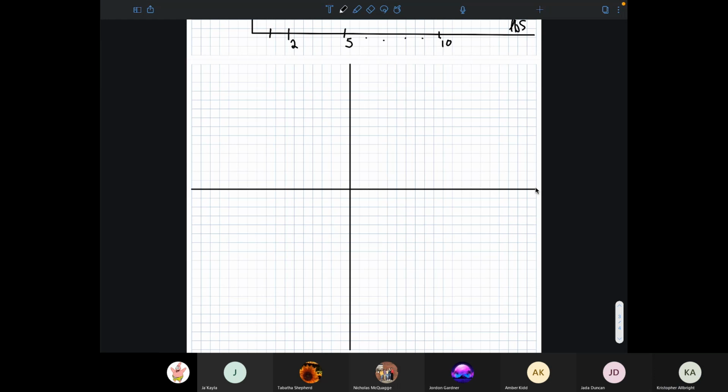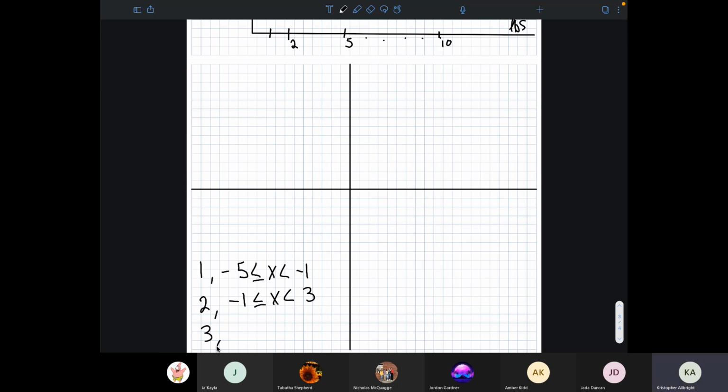Okay. So the function is 1 if -5 is less than or equal to x is less than -1. 2 if -1 is less than or equal to x is less than 3.